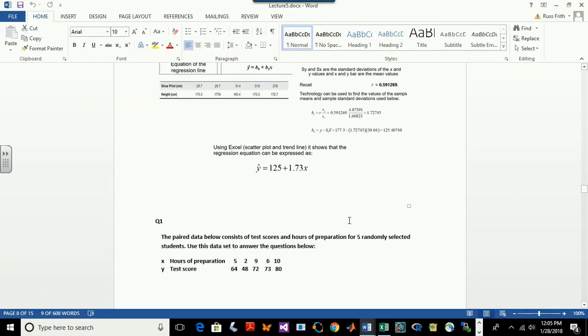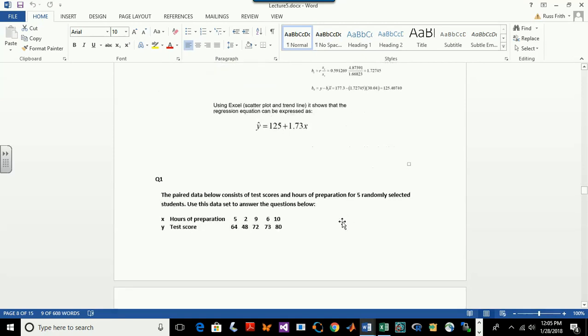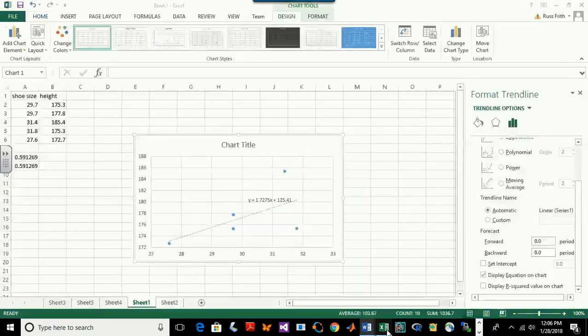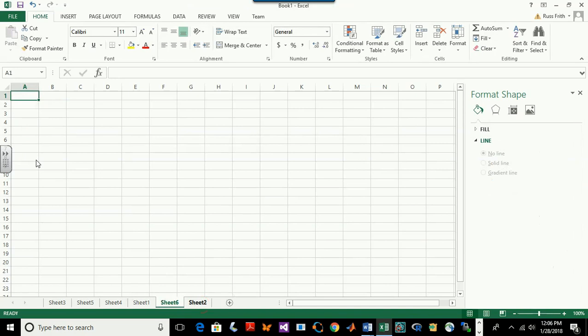Okay, so let's do some examples. The paired data below consists of test scores and hours of preparation for 5 randomly selected students. Use this data set to answer the questions below. For question 1, first of all, let me plug in the data. So go to another sheet. I have x, y.